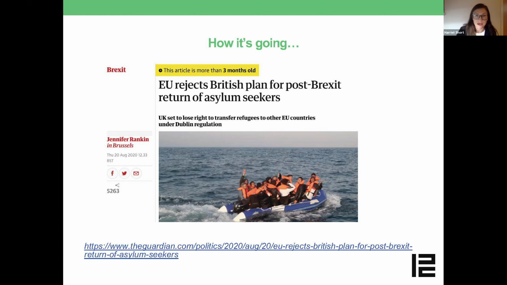Neither the political declaration nor the EU's draft text for a new partnership agreement with the UK specifically identify asylum, unaccompanied children or readmissions as areas for future agreement or cooperation. And so, as you can see from this report, the reports say these proposals were rejected in August. So what will happen after the end of transition?